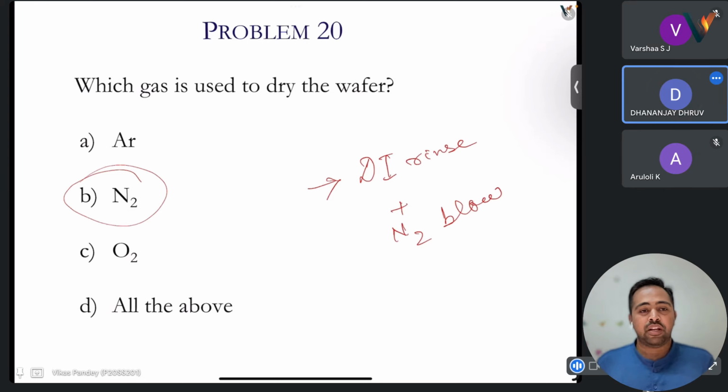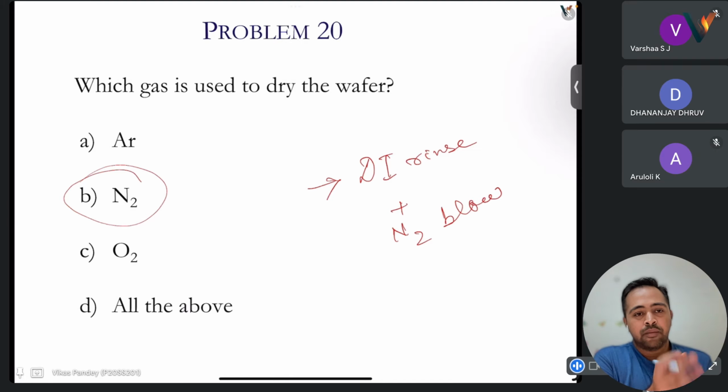Blow with nitrogen. One very specific reason is that nitrogen is the cheapest gas that does not react much, and it is available in the atmosphere, and it is very easy to prepare.